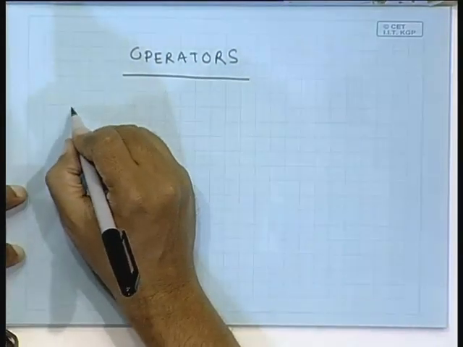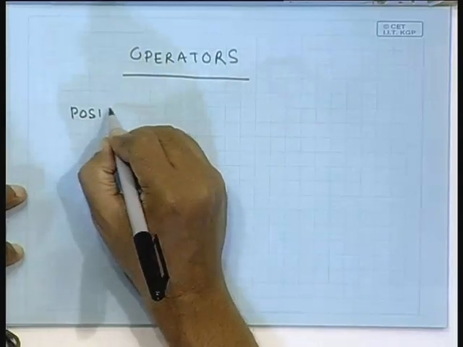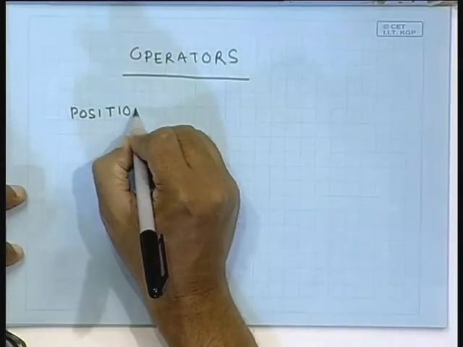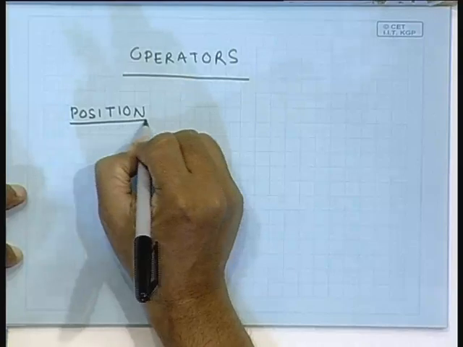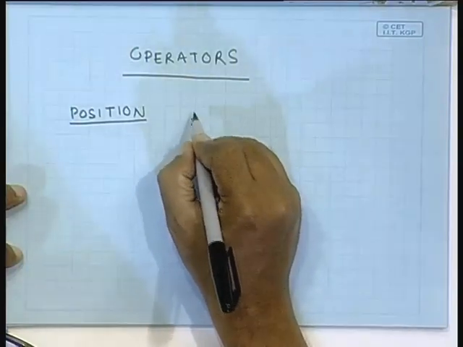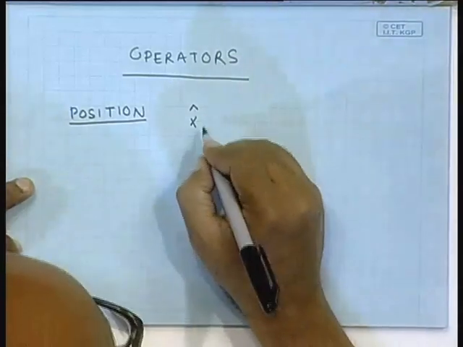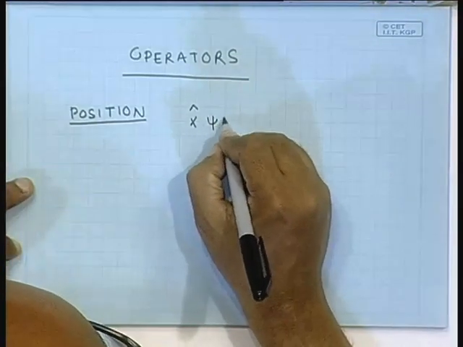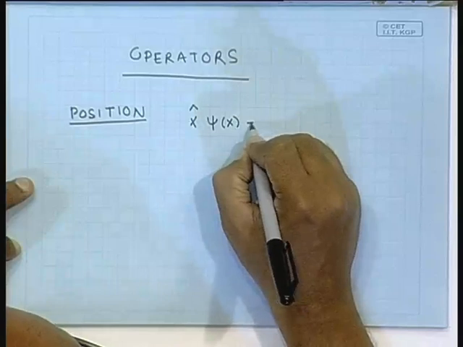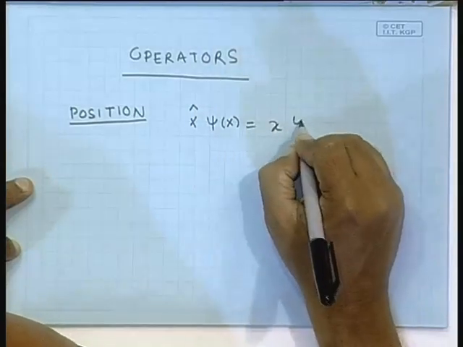The position. Corresponding to the position, we have a position operator x, which is defined as follows: when x acts on a function psi of x, it gives me the variable x into psi of x.